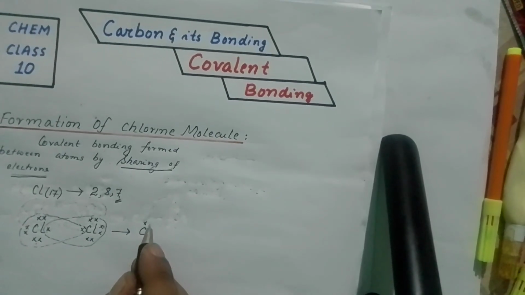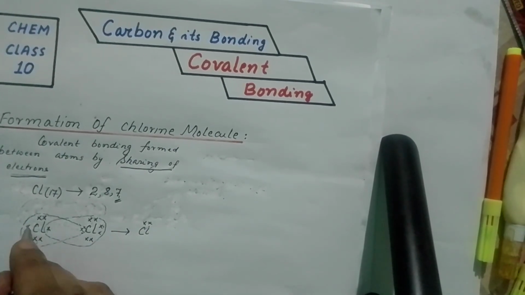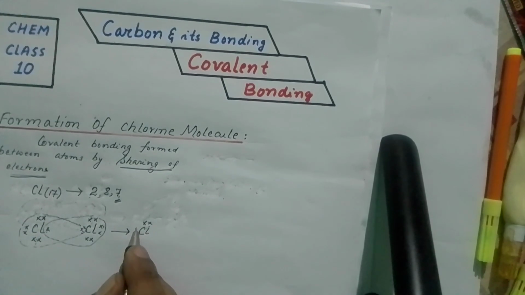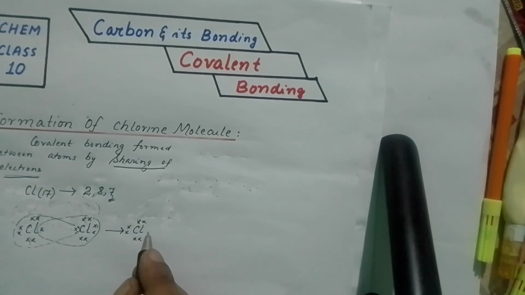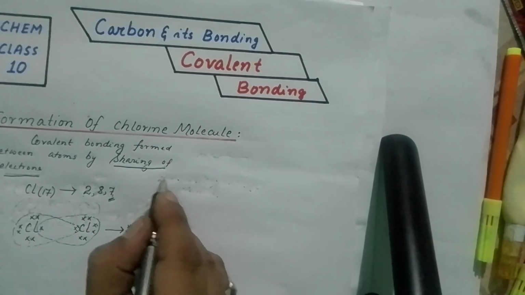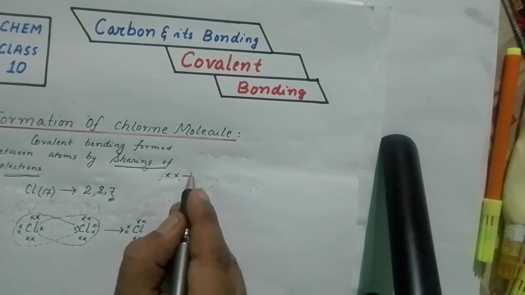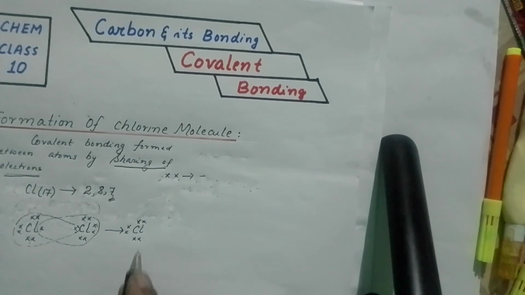Chlorine has how many of these? These are called non-bonding electrons because they are not taking part in the bond formation. 2, 4, 6. So they will exist as non-bonding electrons in pairing form, right? And when two electrons combine, they form a single bond. So here the single bond will form.